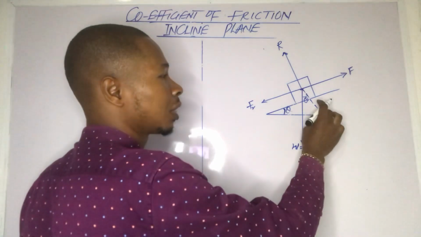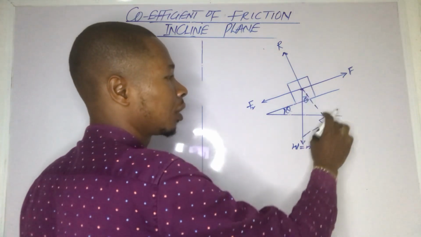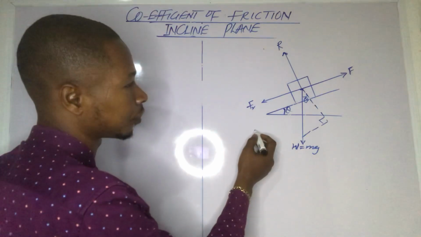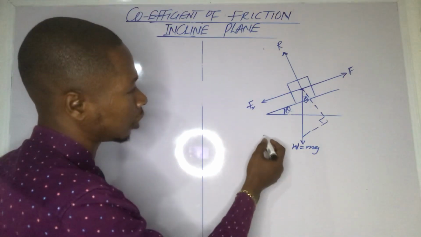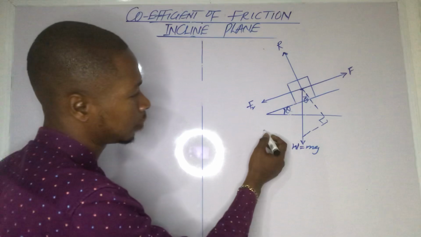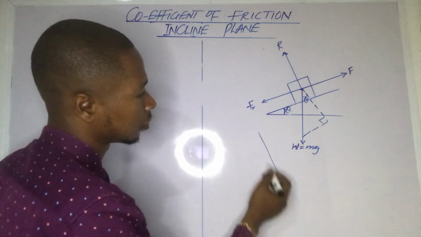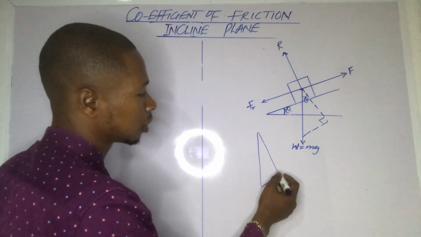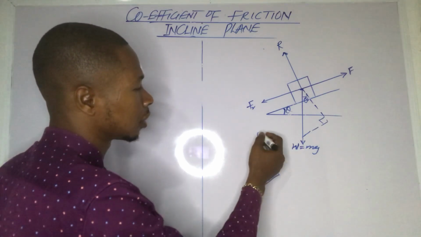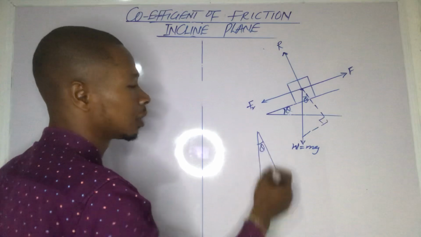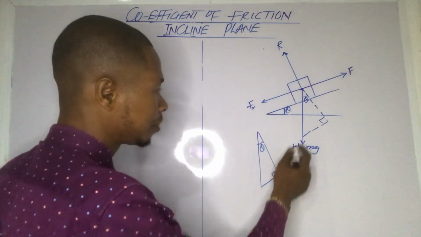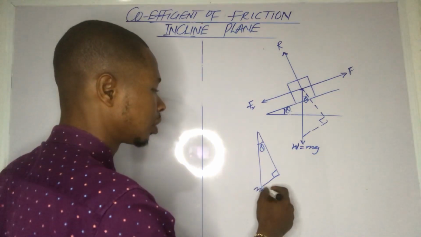So if I bring this triangle out, this is what I have. I have this body, and then you have this acting like this. So this is my 90, and this is my theta. This is my mg, weight of the body.